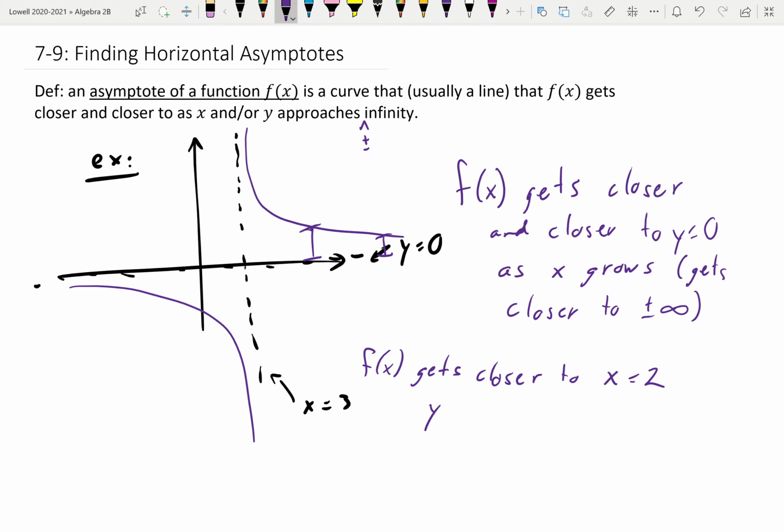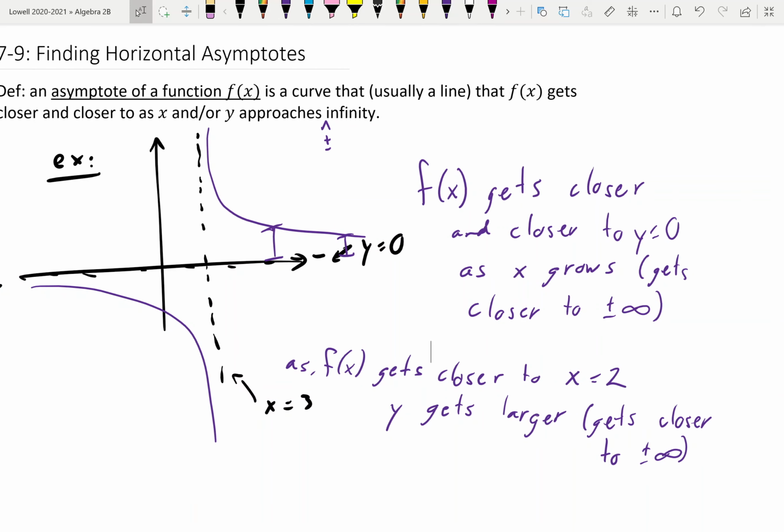Y gets bigger and bigger, gets larger, and again approaches plus or minus infinity. Okay, so we've already talked a lot about vertical asymptotes, so today our focus is on horizontal asymptotes, and I want to compare two functions.